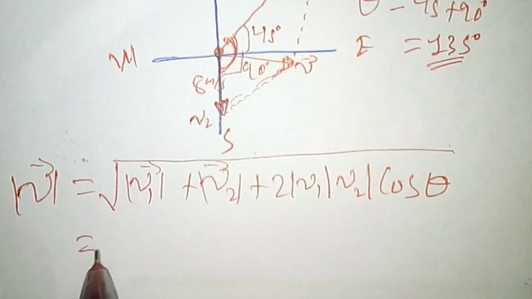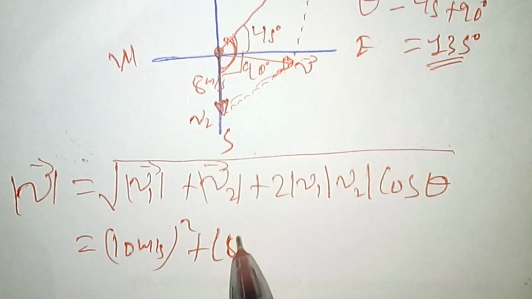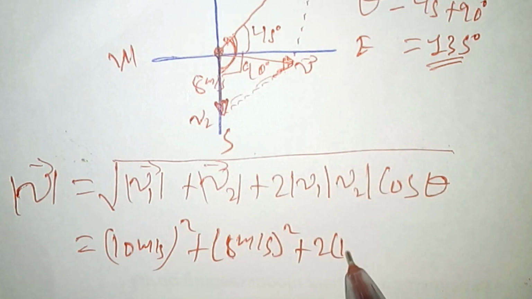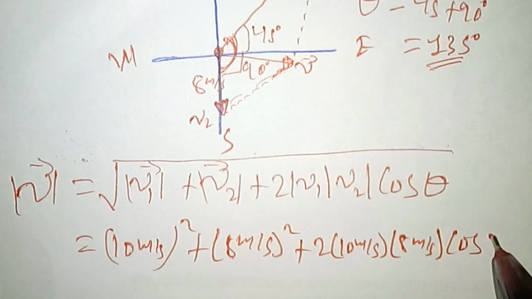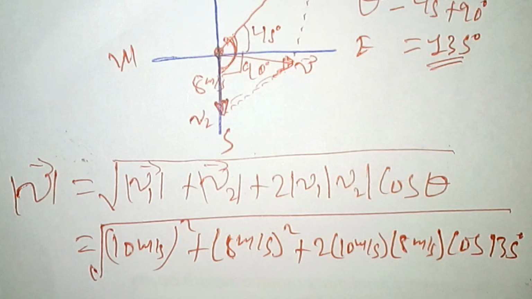So then the magnitude of v1 is 10 meter per second squared plus the magnitude of v2 is 8 meter per second squared plus twice 10 meter per second times 8 meter per second times cos of 135 degrees, the whole under radical.